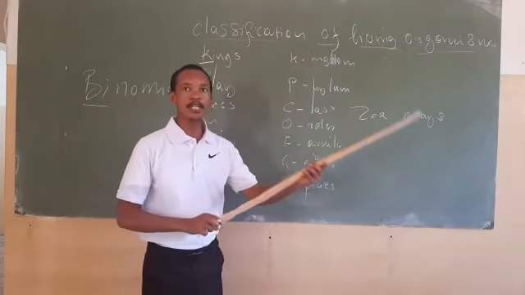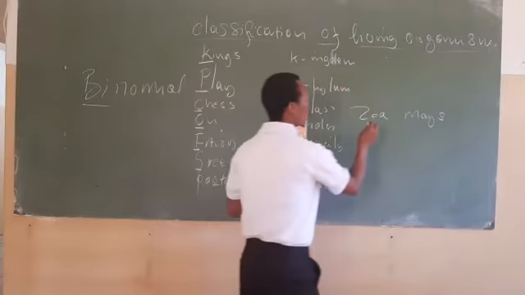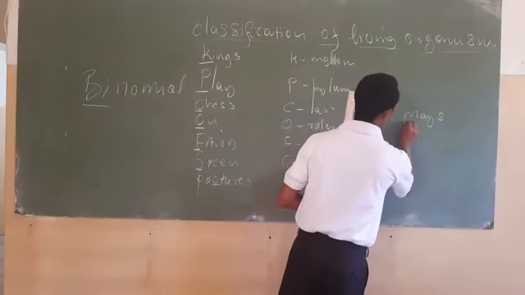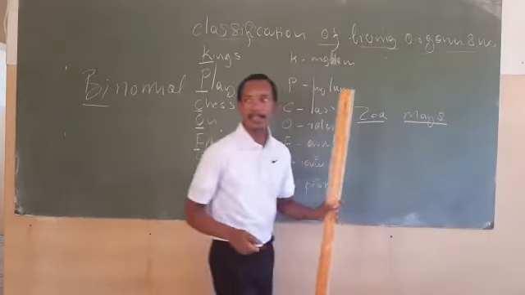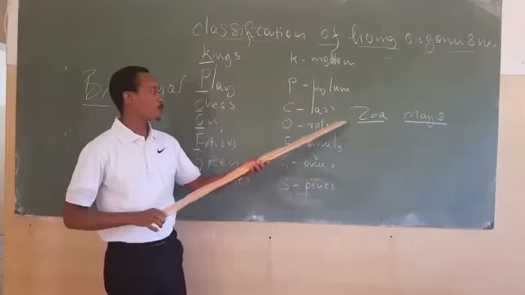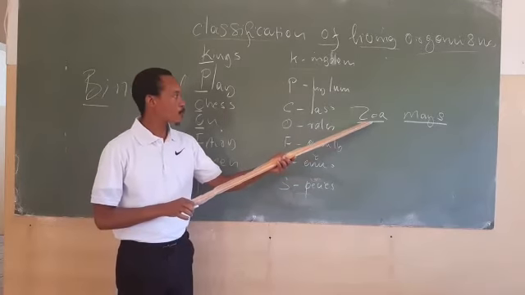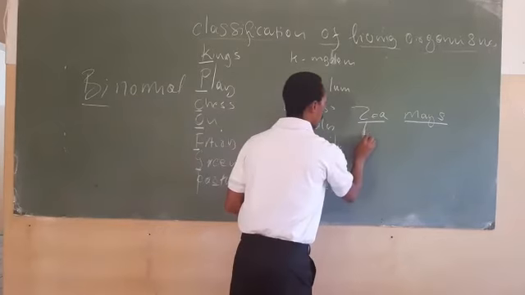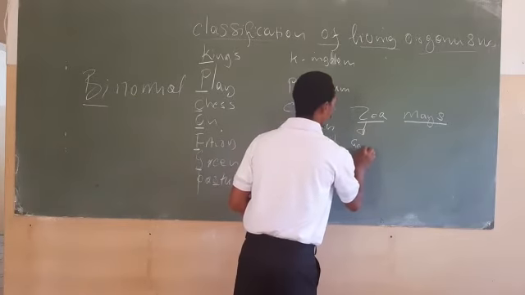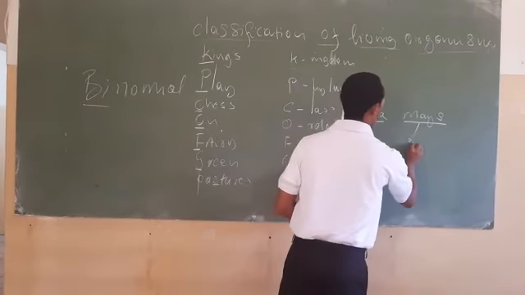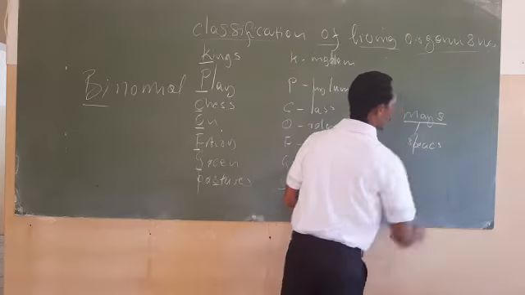But if you are writing by hand, you just underline this and underline that. That is the name used to name maize, Zea mays. This is the genus name, and this one is the species name.